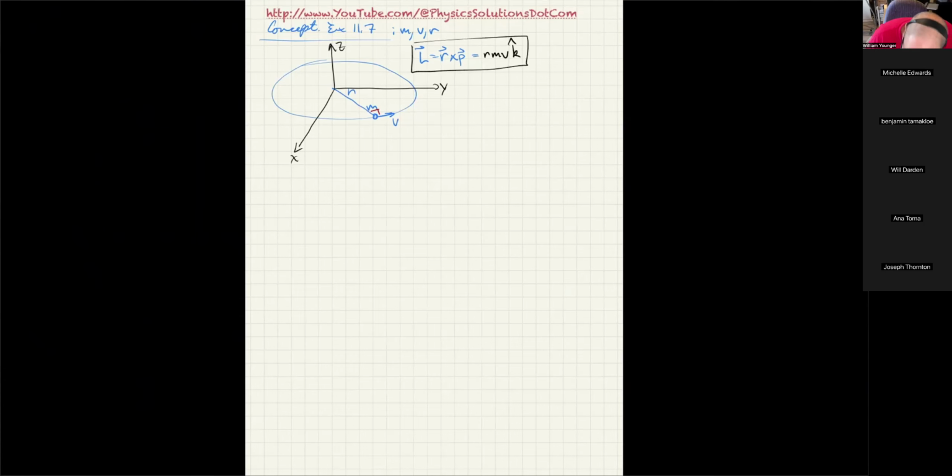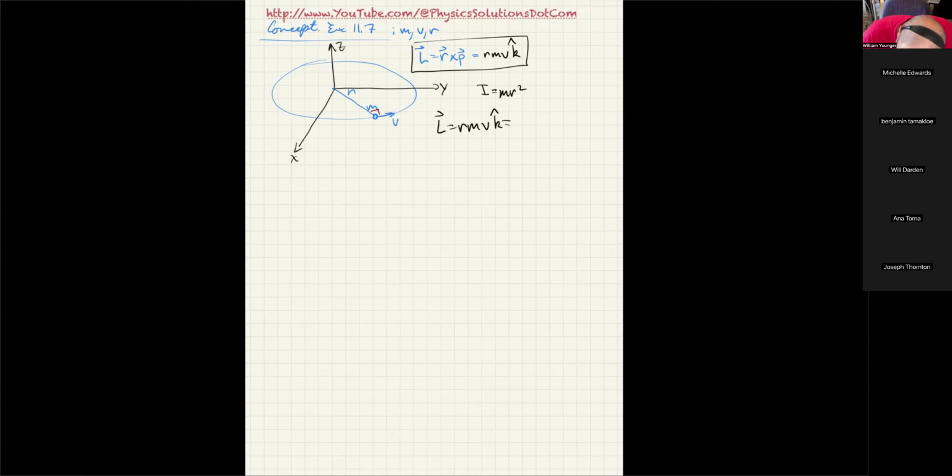So that is a conceptual example of how to figure out the angular momentum. Now, we also learned that the moment of inertia for an object orbiting in a radius of r is just m r squared. So we could, in principle, say L is equal to r times m times v times k hat.